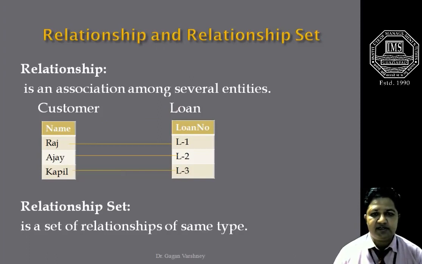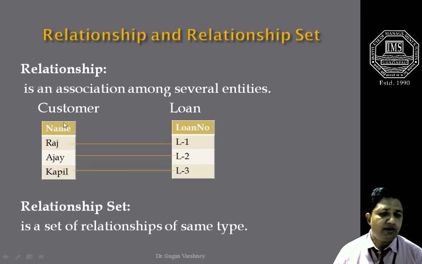The next is relationship and relationship set. A relationship is basically a link among several entities, or in other words, an association among several entities. Say for example, we have two entity sets, one of customer and another of loan.